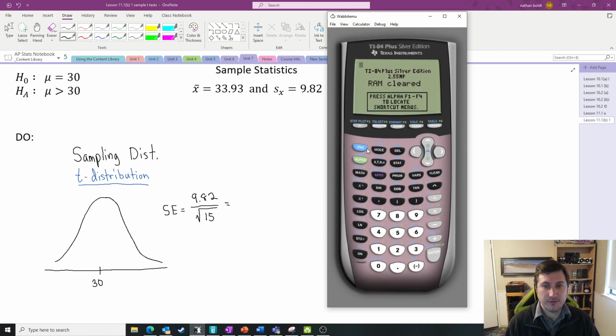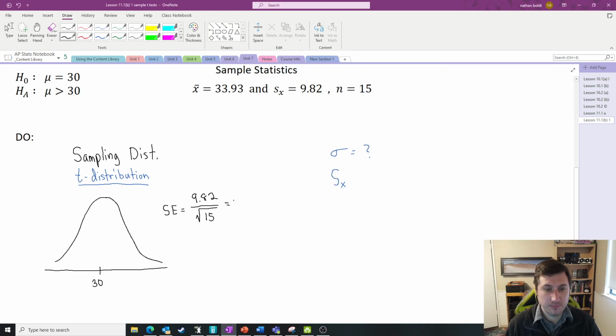So in this case, 9.82 divided by the square root of 15. Again, this formula is on the formula sheet, right? It's just the formula for the standard error of a sampling distribution. That's 2.54, probably enough decimals.